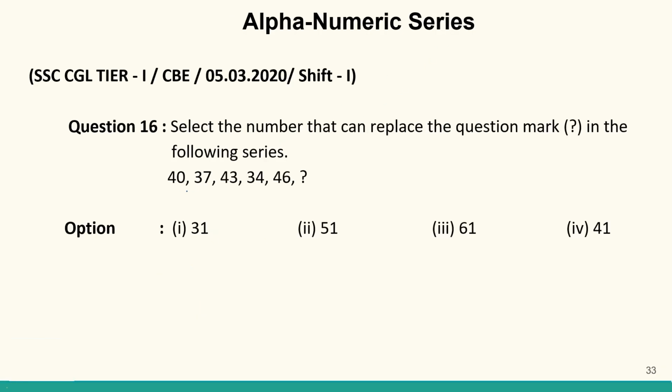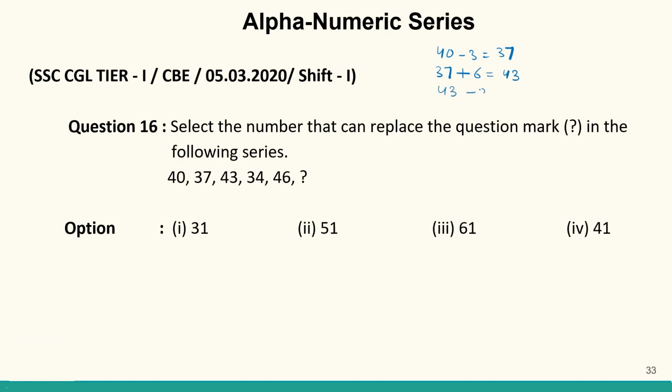Here also, from 40 to 37 if we are going, that means we are decreasing it by 3, right? From 37, if we are going to 43, we are going up. We can add 6 into this to get 43. Yes. From 43 again, we are going downwards.